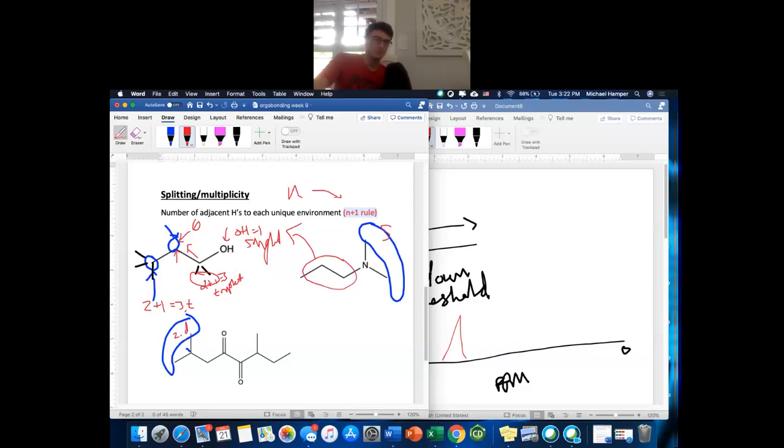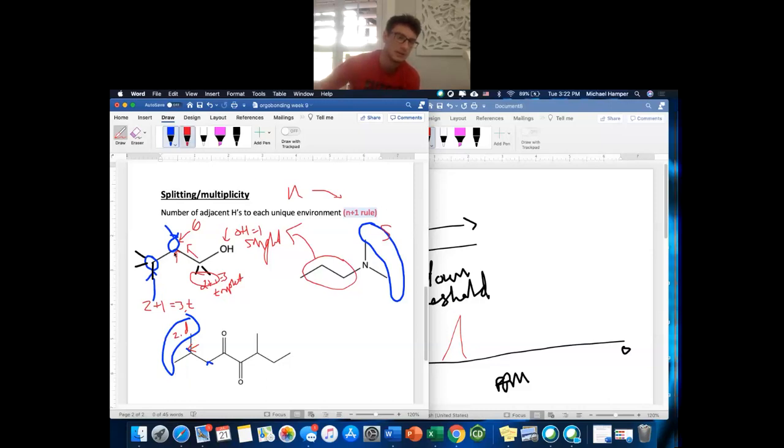This hydrogen has a lot of neighboring hydrogens. It has 6 from these methyls over here, and it has 2 from over here. So it has 8 neighboring hydrogens. 8 plus 1 is 9.